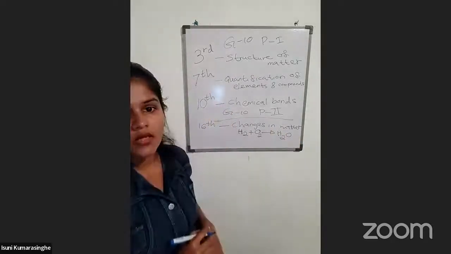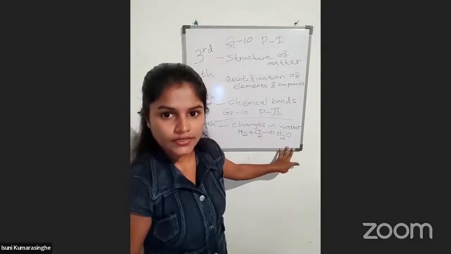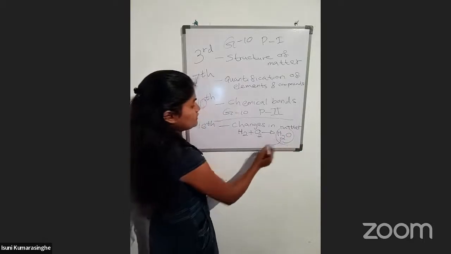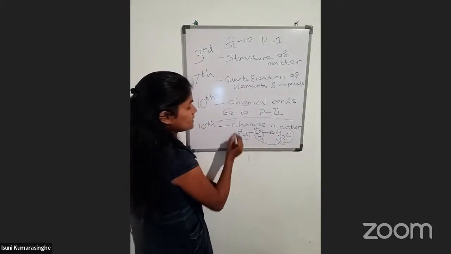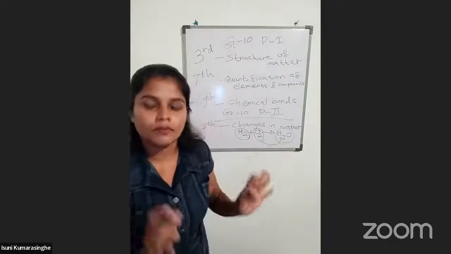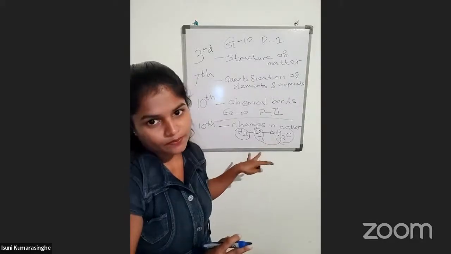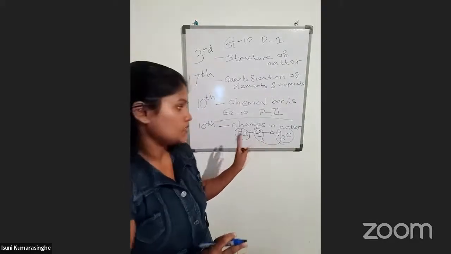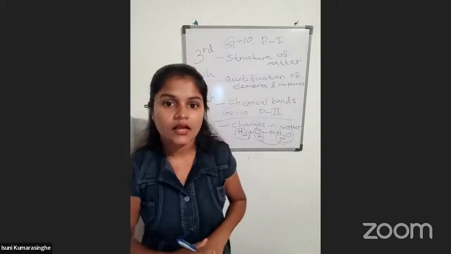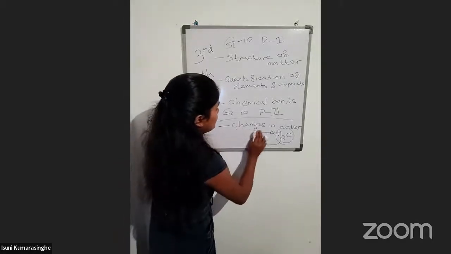Hydrogen and oxygen combine to form water. But the water's properties are completely different from the oxygen properties and the hydrogen properties. Water has its own properties, different from its reactants. So this is called a chemical equation. Things like those I will cover under this section, changes in matter.